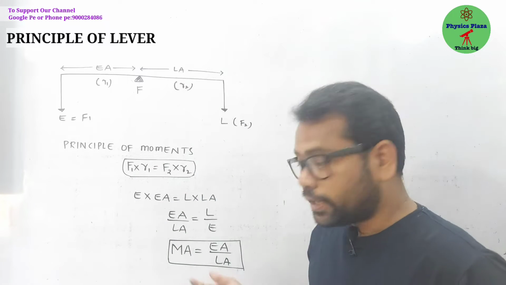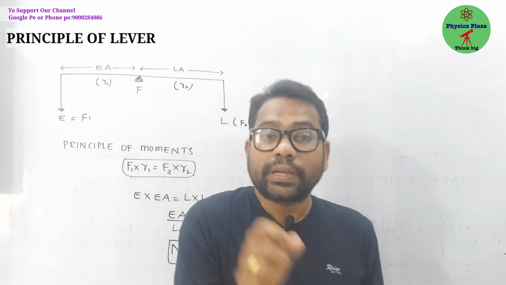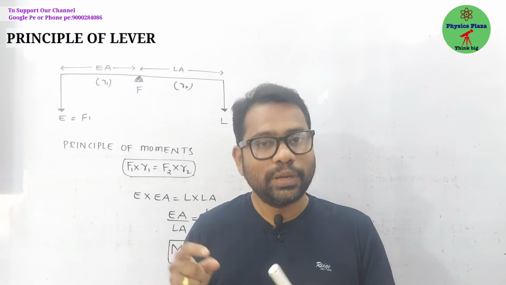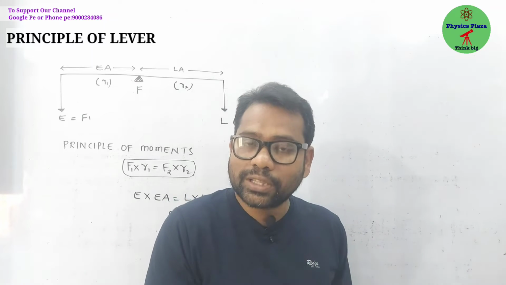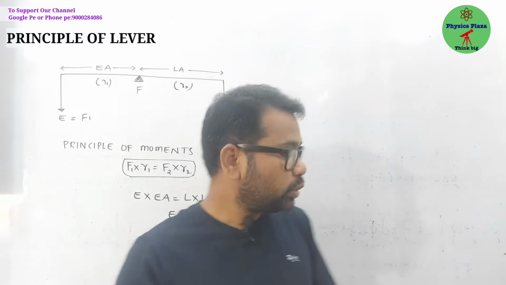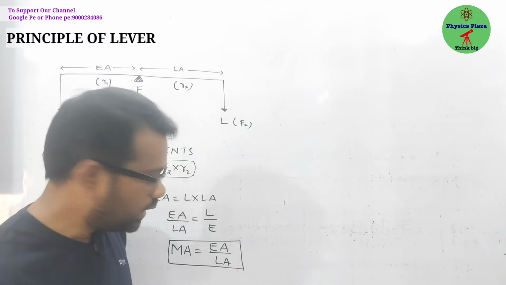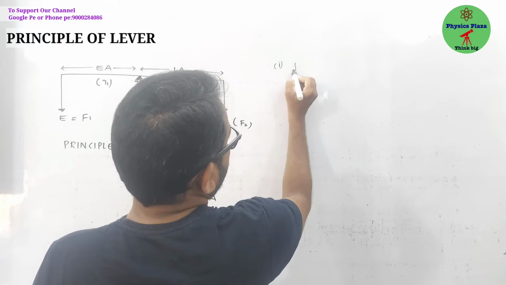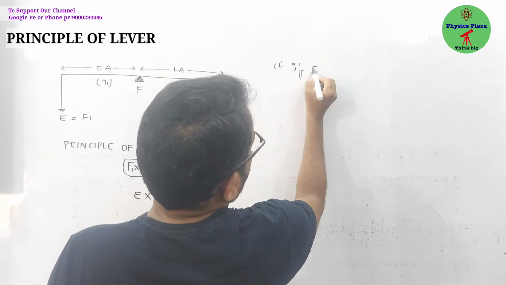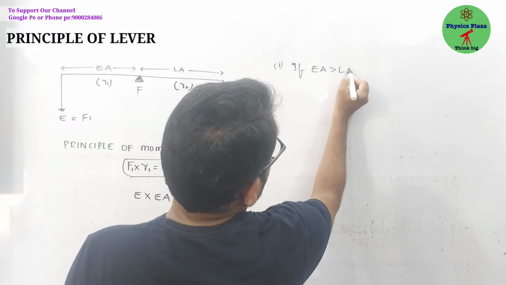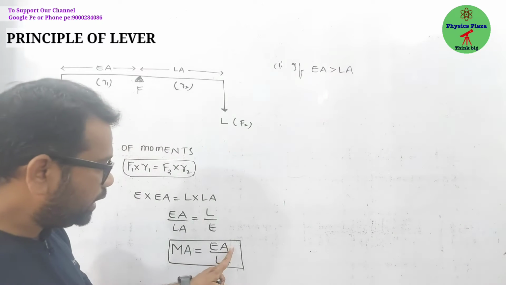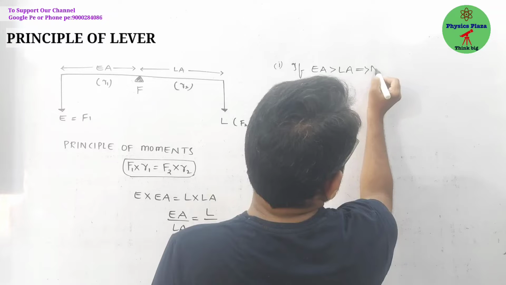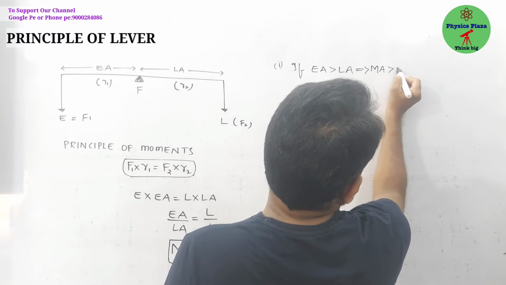So based on this only we can decide whether a particular given lever acts like a force multiplier or a speed multiplier, or it is used to change the direction of effort applied. So here based on this formula we have three cases. Let us see that here. Case 1, children. Suppose if effort arm is greater than the load arm, that is, if the numerator is greater than the denominator, obviously mechanical advantage will be greater than 1.